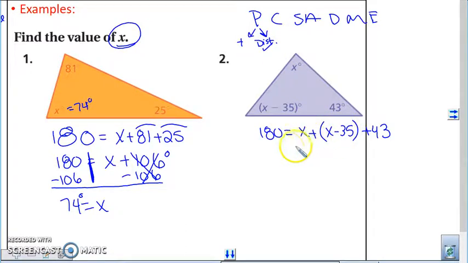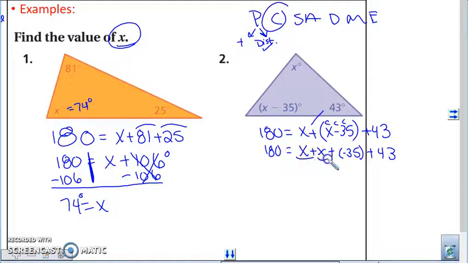Let's change this to addition. So that's copy, change, change: copy, change to addition, change the sign. What's the opposite of 35? Negative 35 plus 43, and now the parentheses don't matter. Now let's go ahead and combine our like terms.